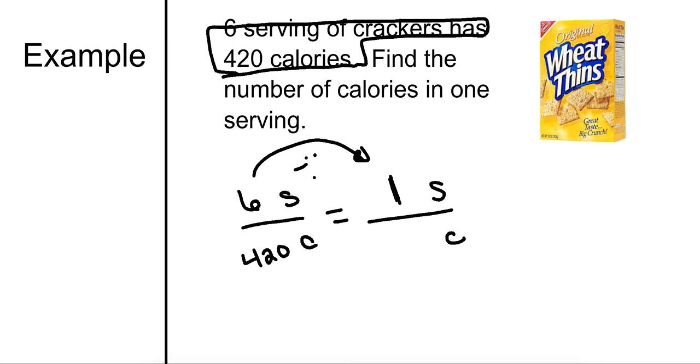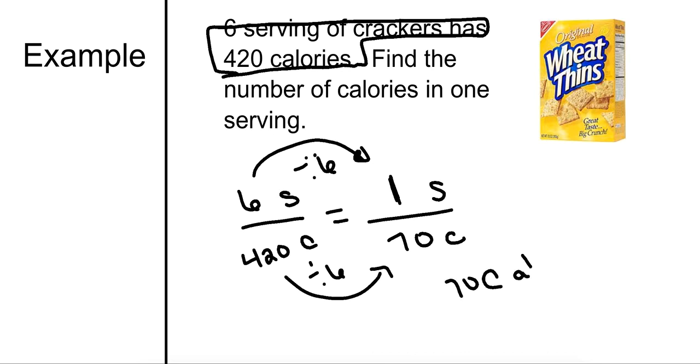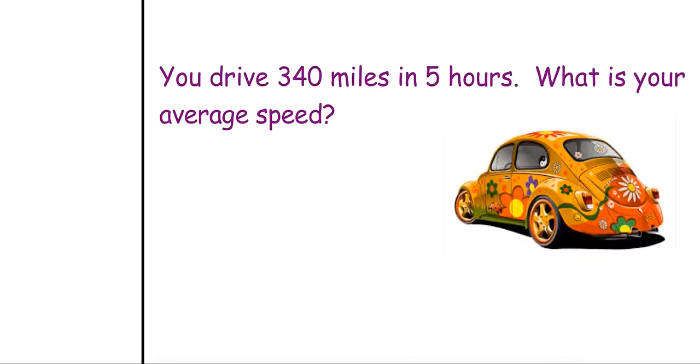I divided by 6. So I need to divide this by 6. So 420 divided by 6 would give me 70 calories. So I'd have 70 calories in one serving. Or you might hear it 70 calories per serving. So it doesn't matter. Usually we like the bottom to be 1, but it can work on the top.